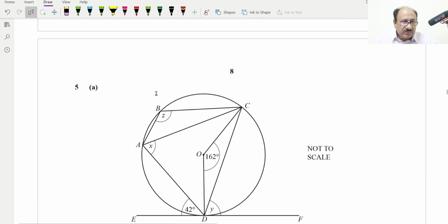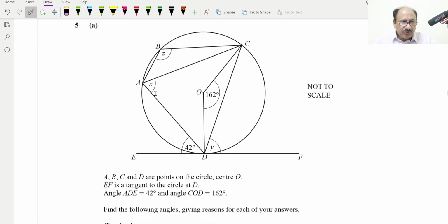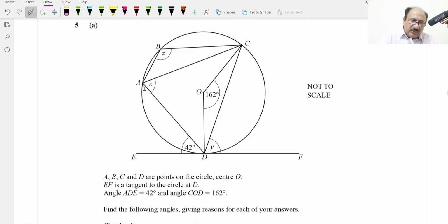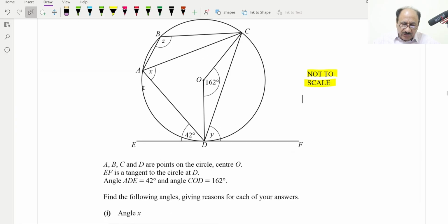Now this is question number 5, which is also very interesting circle theorem question. And keep in mind, diagram is not to scale, so we cannot measure angles. A, B, C, D are points on the circle with center O. EF is tangent to the circle, and these are the points on the circle.